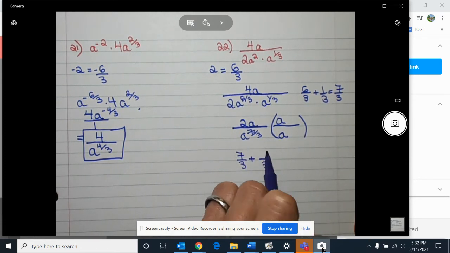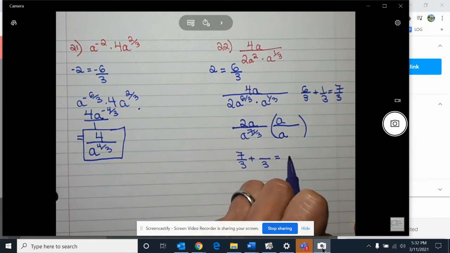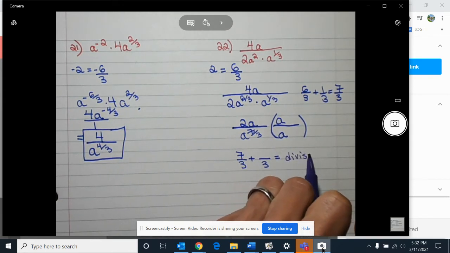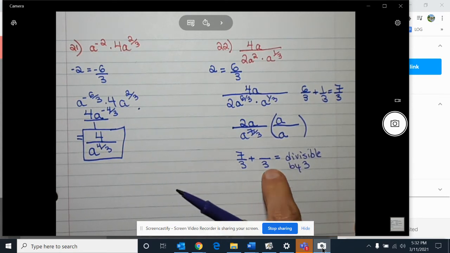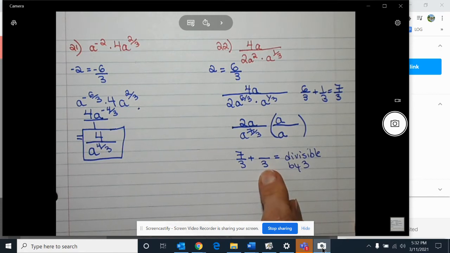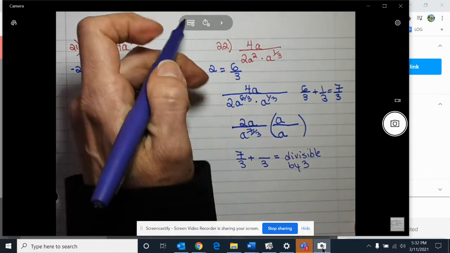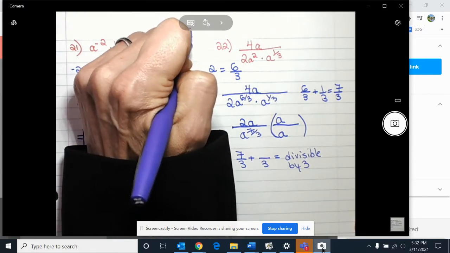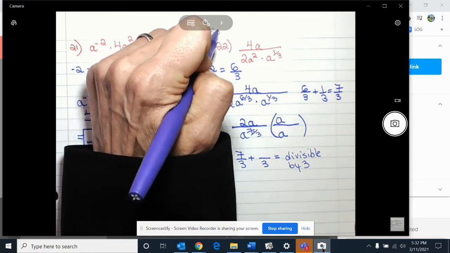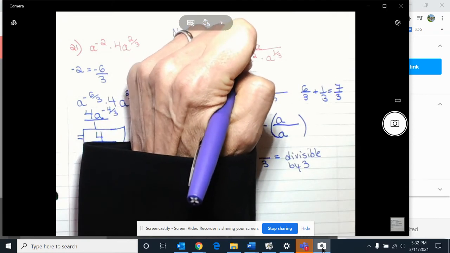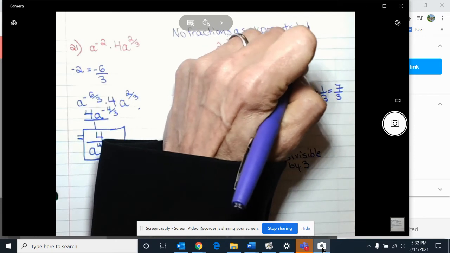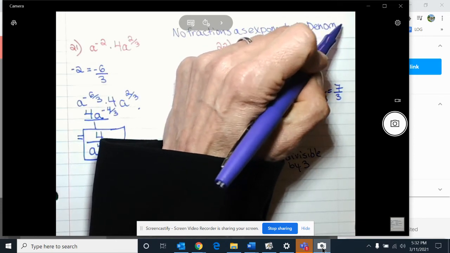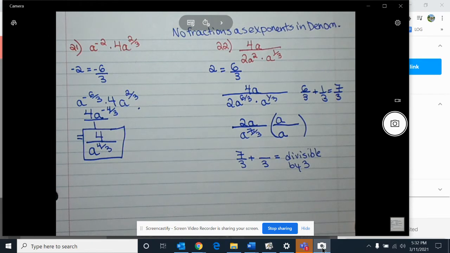We want the same denominator so that it will be divisible by 3. Because if it's divisible by 3, then we've got a whole number, which is our goal. Remember, no fraction exponents in the denominator. And we want them all positive.